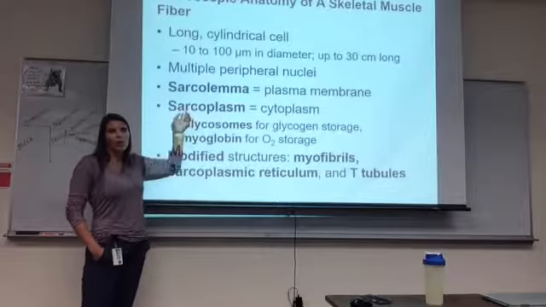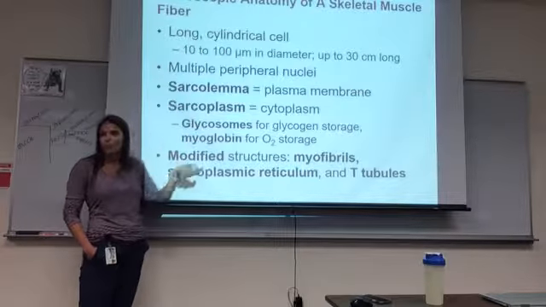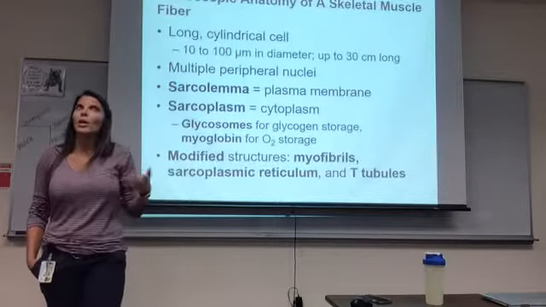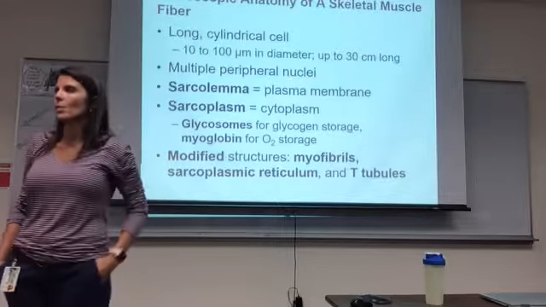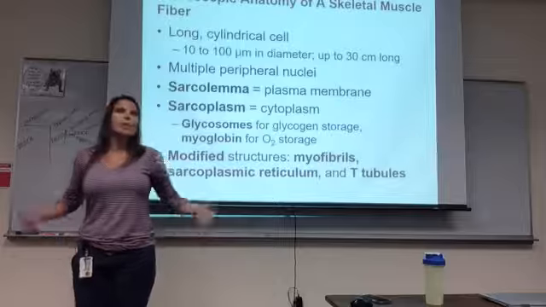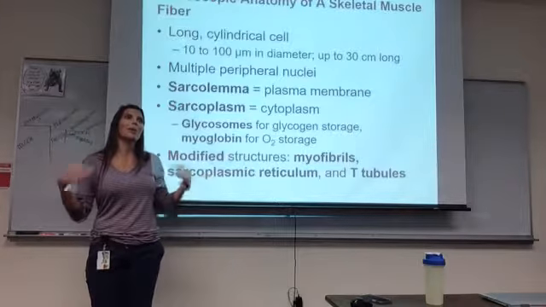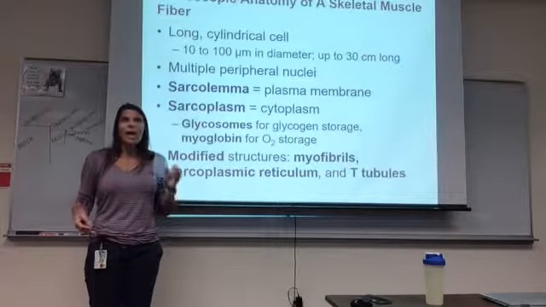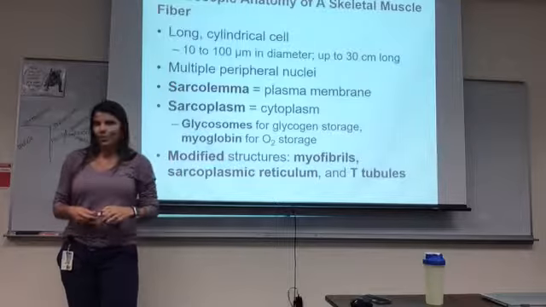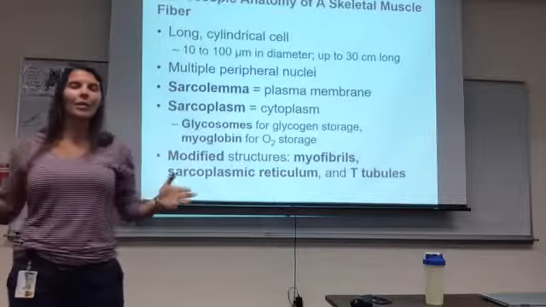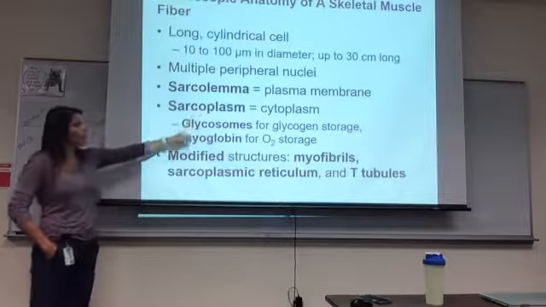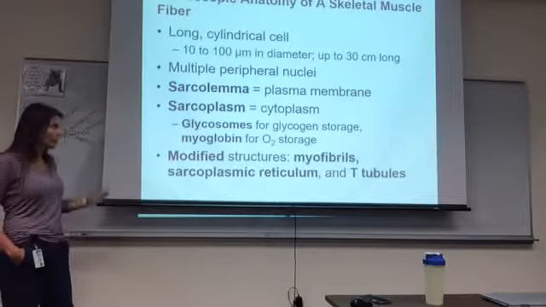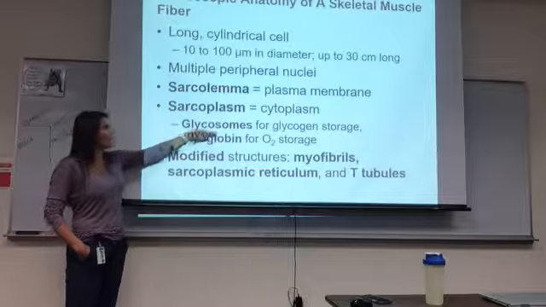Sarcoplasm. Sarco tells you muscle. Sarcoplasm sounds a whole lot like cytoplasm, but why call it sarcoplasm instead? It tells me specifically I'm talking about the cytoplasm of my muscles. Once you can get these terms, everything becomes so much easier. So sarcoplasm is the cytoplasm of a muscle fiber. Here we have terms. Glycosomes.